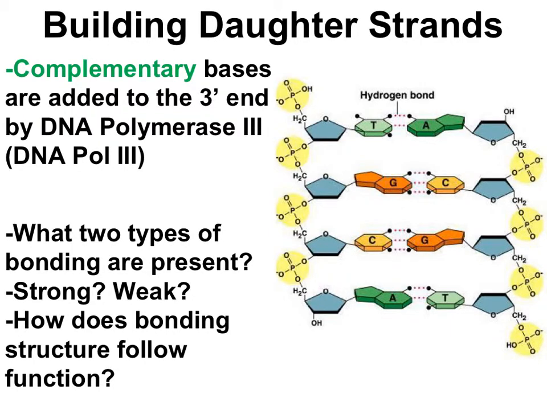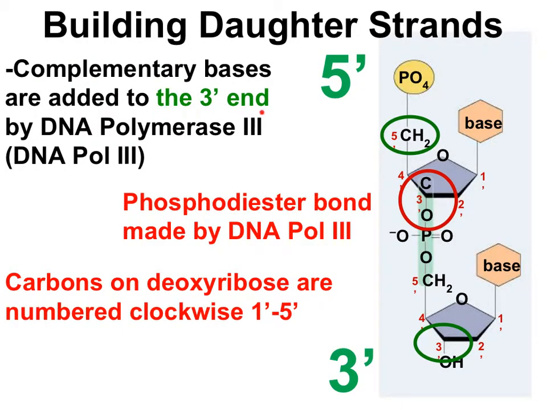DNA polymerase III uses these chemical rules when it makes a new DNA strand using an old strand as a template. Next, what's this 3' all about? Well, 3' is a chemistry term that refers to the carbon numbers in deoxyribose. So in deoxyribose, the carbons are numbered 1', 2', 3', 4', and 5'.